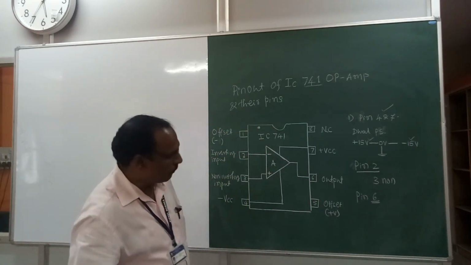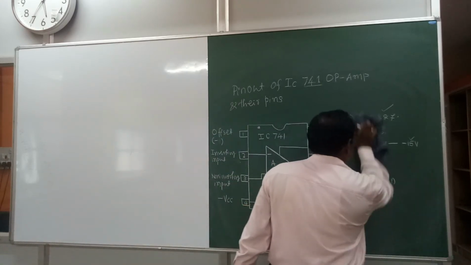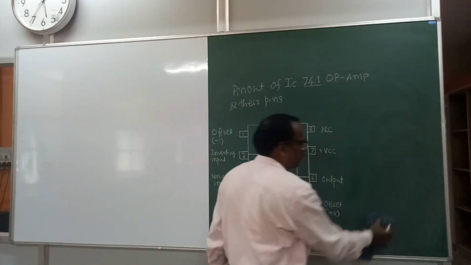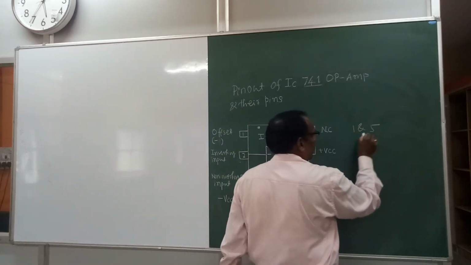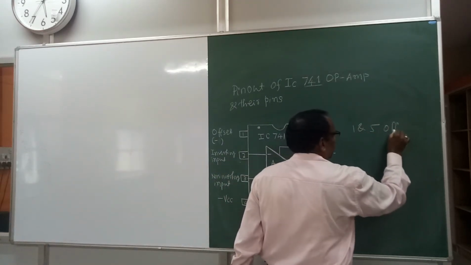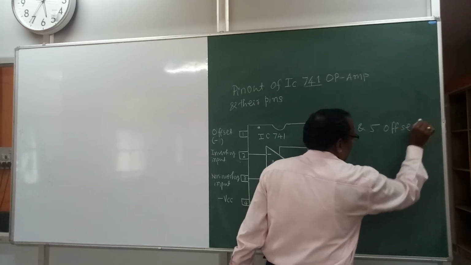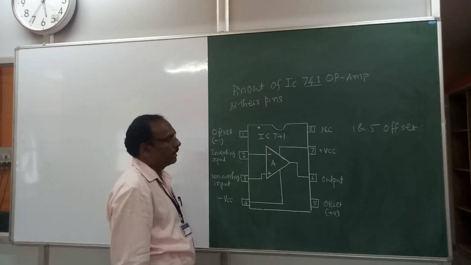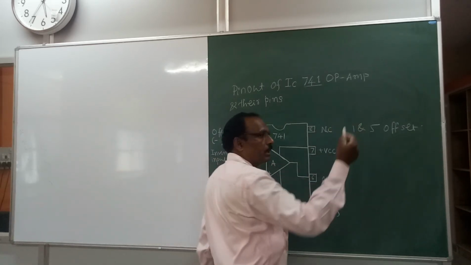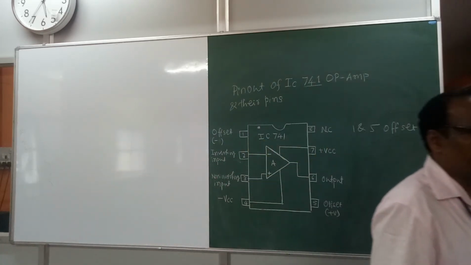Pin number 1 and 5, having a common thing, are called offset. See, this IC 741 gives the output without any input. That is a very interesting thing.